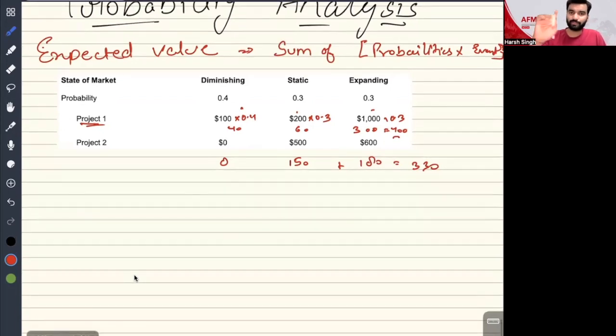Now, there are three main rules which are associated with probability. The very first rule that we talked about is the addition rule. In the addition rule, the probability we can find out with the help of addition.